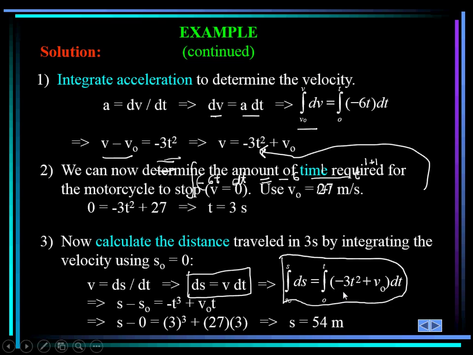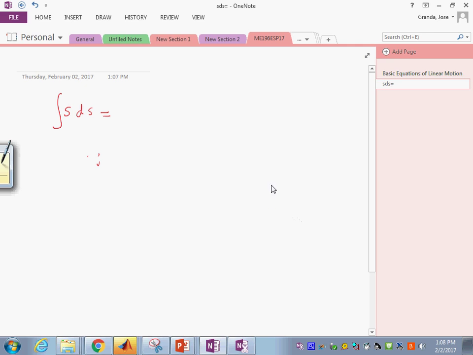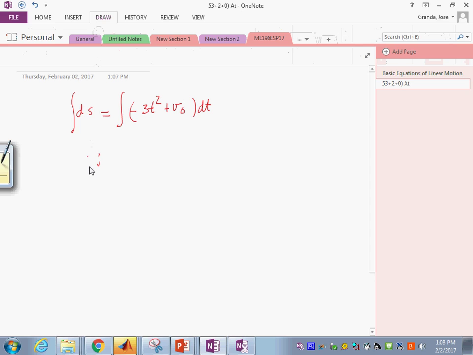This is minus 3t squared plus v sub 0, dt.